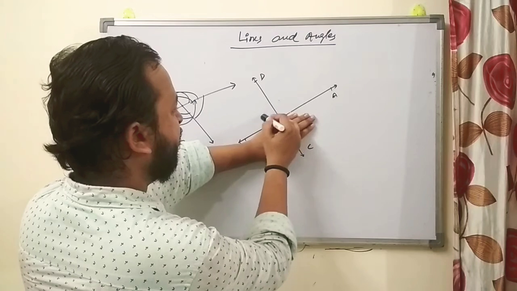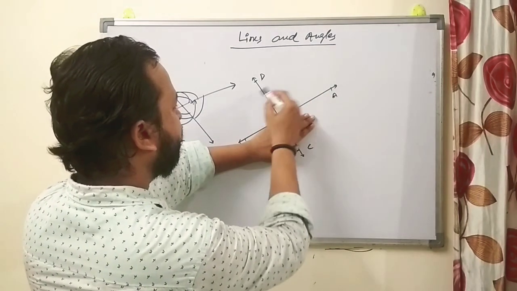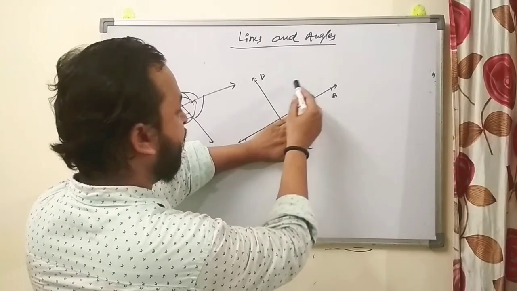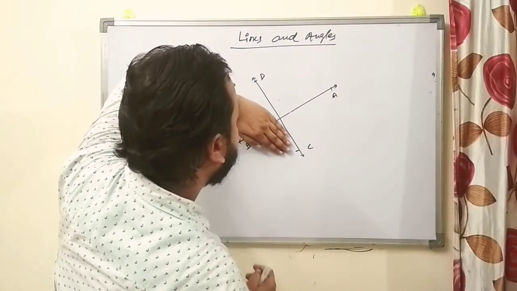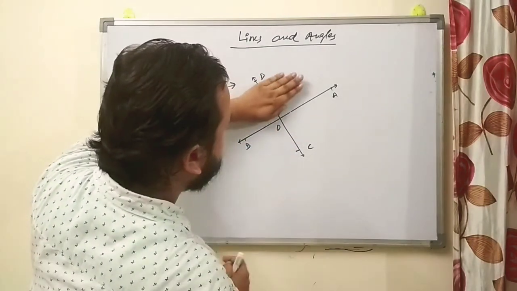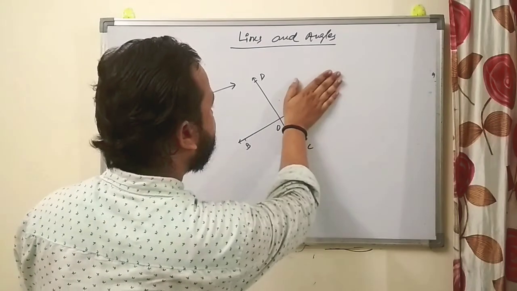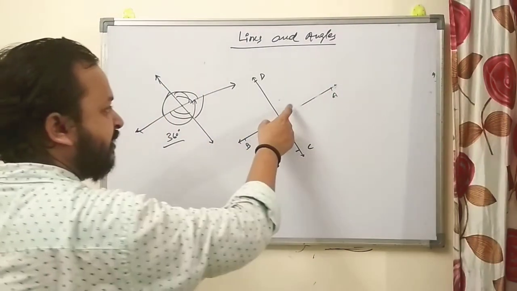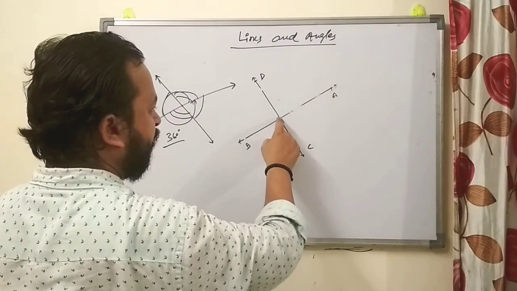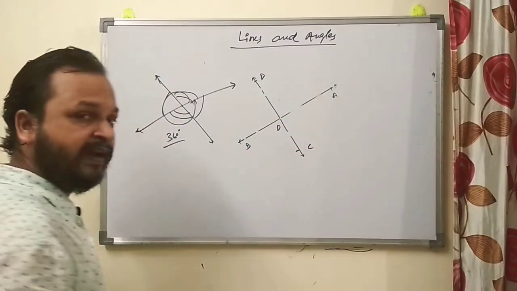These two are adjacent angles, so they make 180 degrees. The sum of the angles is 180 degrees, so they make a linear pair. This is also a linear pair of angles, and this is also a linear pair of angles. And the sum of all the angles at a particular point, this point O, makes a 360 degree angle.